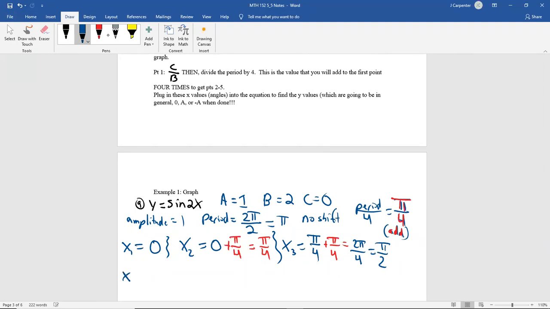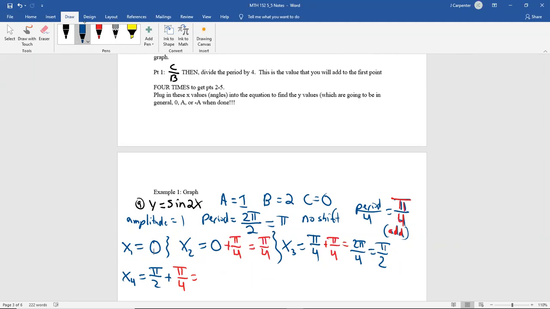For the fourth x value, we take the last one, which was pi over 2, and we add the add number again, which is pi over 4. Now, unfortunately, what I have here is something that needs an LCD. I've tried to warn you, LCDs never go away.